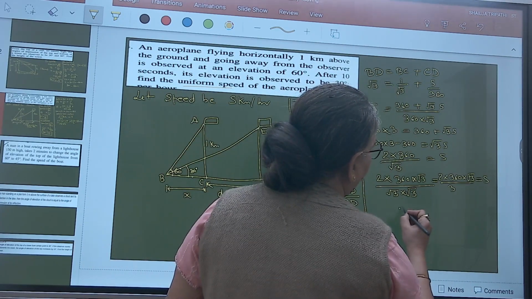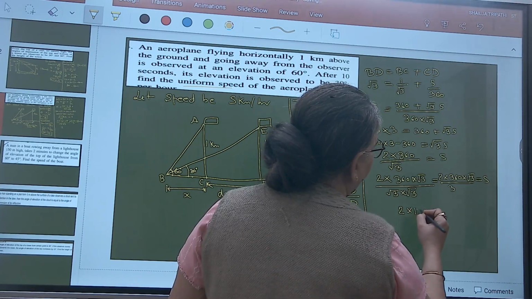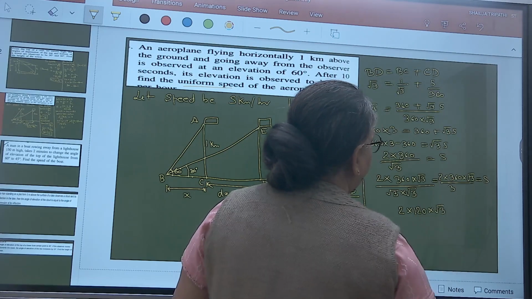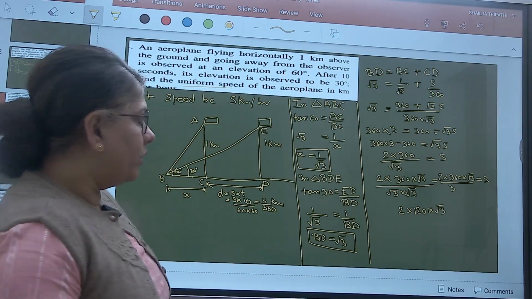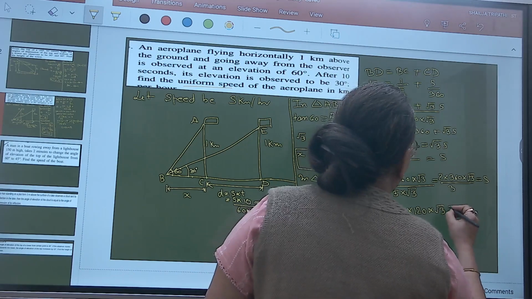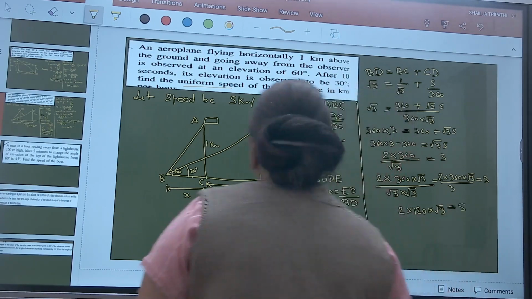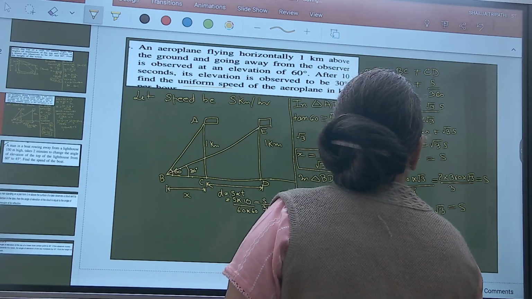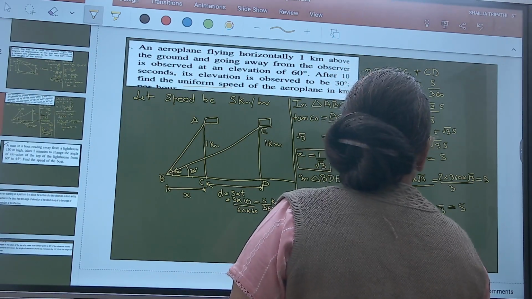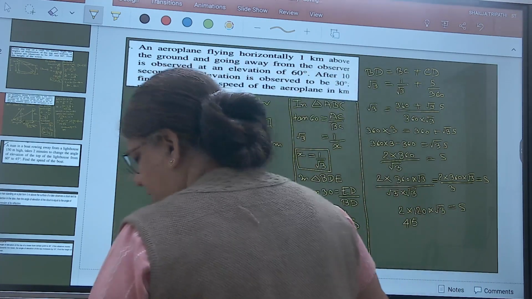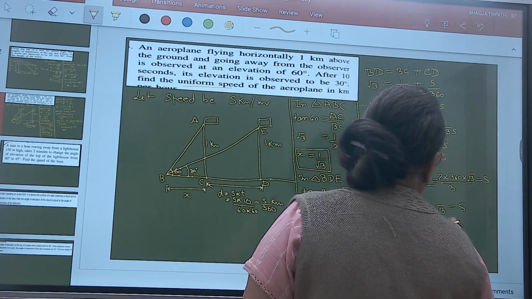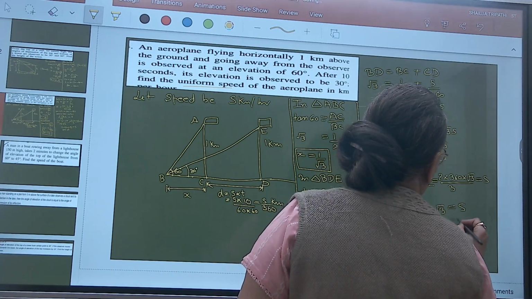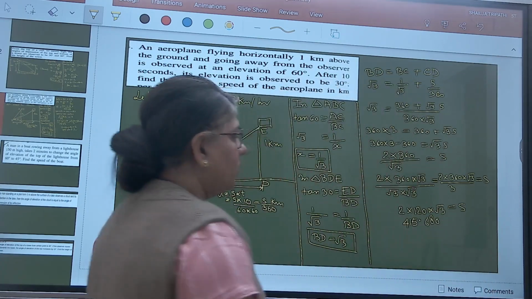Now solve it. You get 2 into 120 into root 3. That is 240 into root 3. On solving this, you will get the value of s. That comes out to be 415.680 kilometer per hour, and this is your answer.